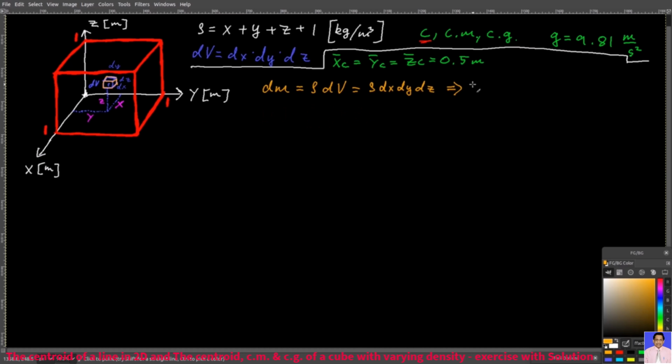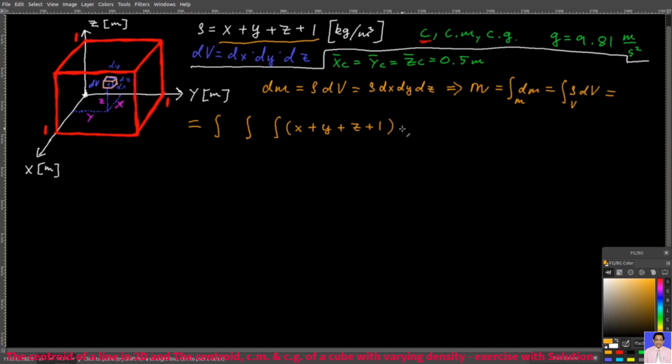And so the total mass of the cube, you get it when you sum up all the differential masses. Or you can write it out like this, or you will simply have a triple integral. Instead of density, I'm gonna write this function. So this is my density, and then I have dx, dy, and dz. Since I have dx here, it belongs to the most inner integral.